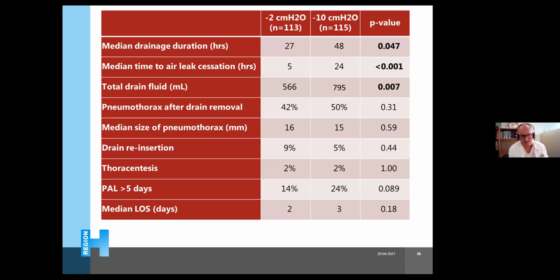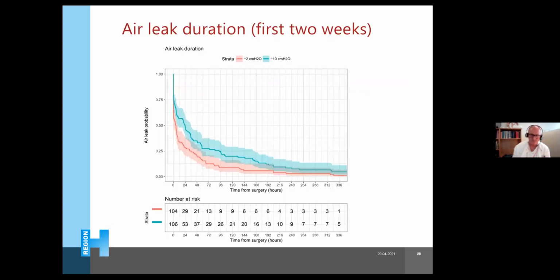There's a tendency to fewer prolonged air leaks of more than 5 days, and the length of stay tended to be shorter. Here are the curves for air leak duration on the Thopaz reading, with the red one being the low suction and the green one the higher suction. At some levels, there is no overlap at all.